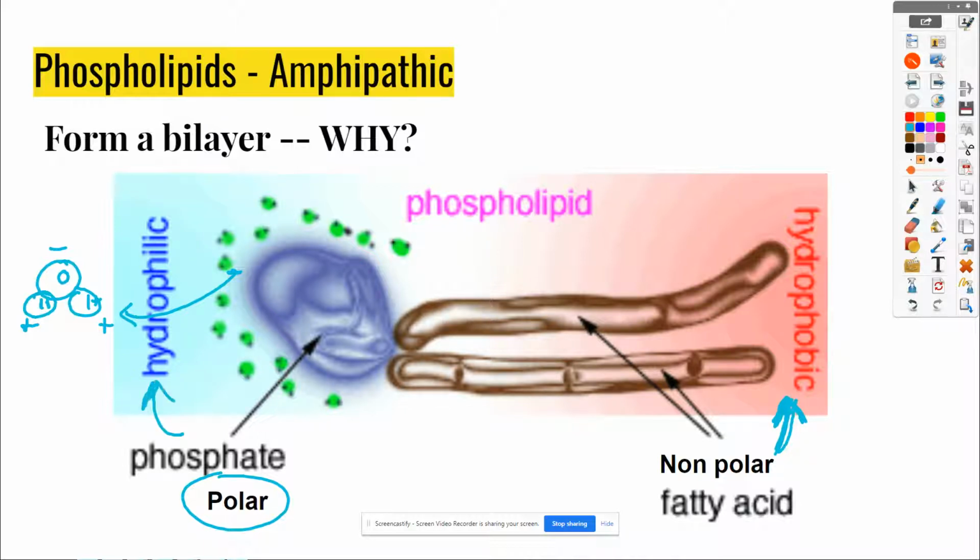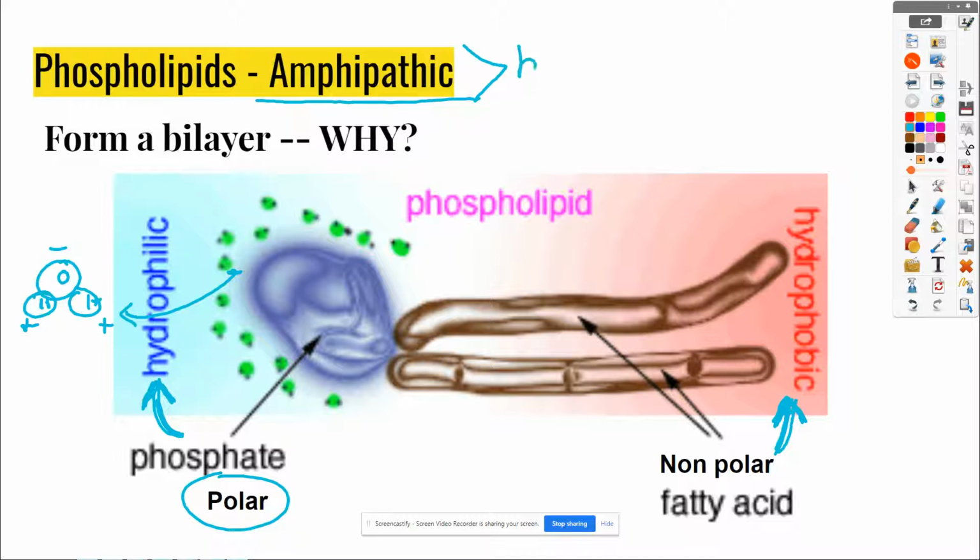And I know we discussed these terms already. We're just going to make sure they're drilled into your head. So this is the polar head, and this is the nonpolar tail. But this phospholipid has 2 personalities. It likes water and it doesn't like water, so we call it amphipathic.